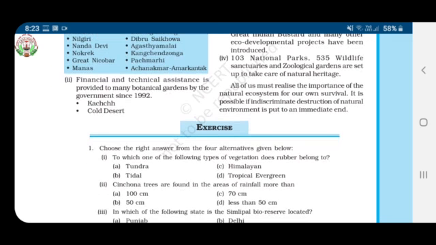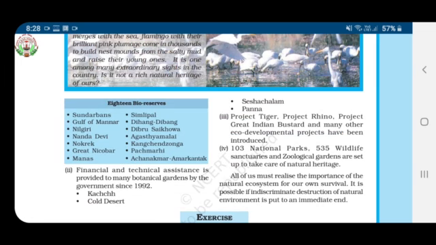All of us must realize the importance of this natural ecosystem for our own survival. It is possible if indiscriminate destruction of the natural environment is put to an immediate end.